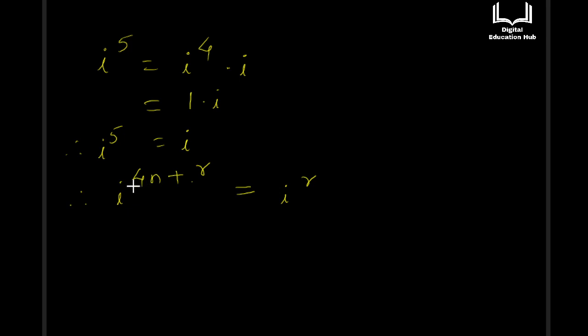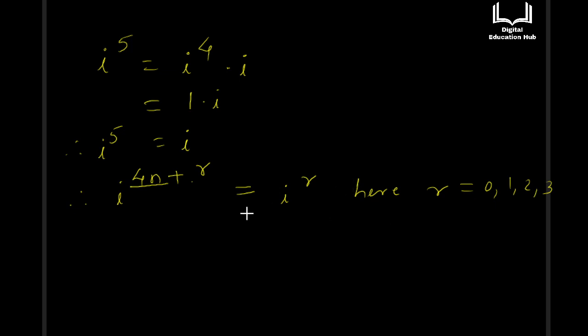That is, after every 4n the value repeats itself, so you can see that i raised to 1 and i raised to 5 are the same. So here r can be 0, 1, 2, 3.